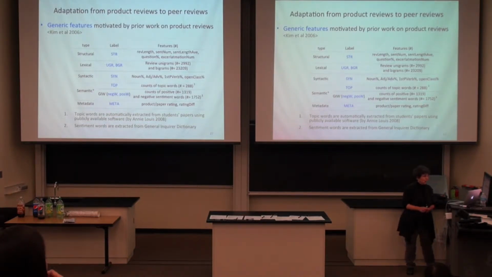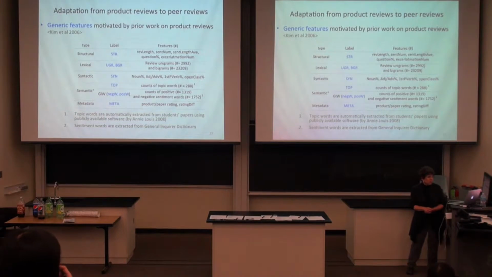We have very shallow semantic analysis for our topic analysis. While in original customer reviews, they could get important topics from the product information, in ours, we had to do it in a data-driven manner, and we used some topic signature software that I'll talk about later. We also did very simple sentiment analysis based just on using some available lexicons.